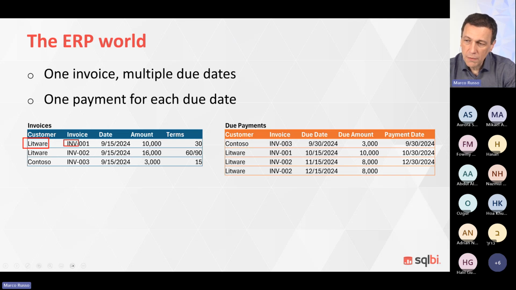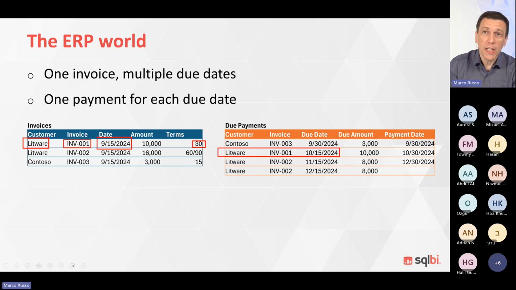Litware has an invoice that has a payment term of 30 days. What does it mean? The invoice has the invoice date, and by adding 30 days to the invoice date, we obtain the due date. So invoice number 1 is here and has a due date of 15th of October, 30 days after the invoice date.